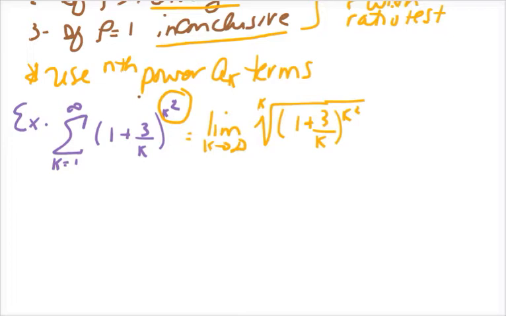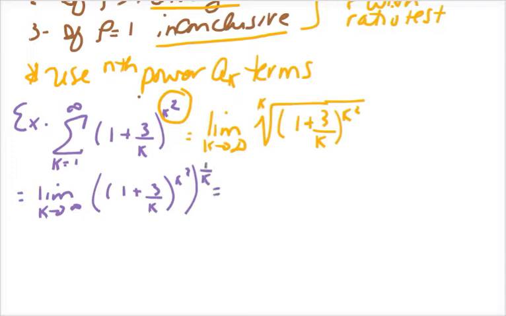Algebraically, this cleans up to 1 plus 3 over k to the k squared. And then instead of the kth root, I'm going to write it as an exponential, which is 1 over k. And this becomes just k.